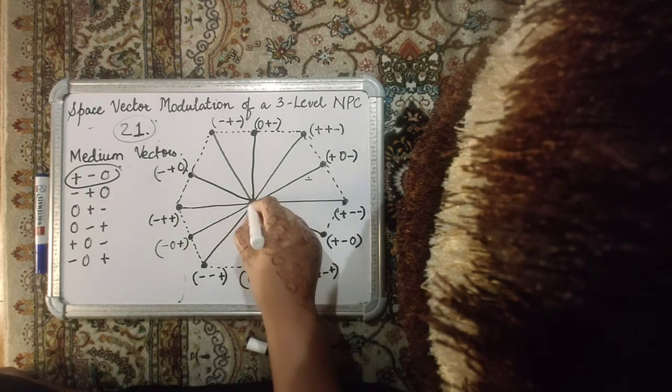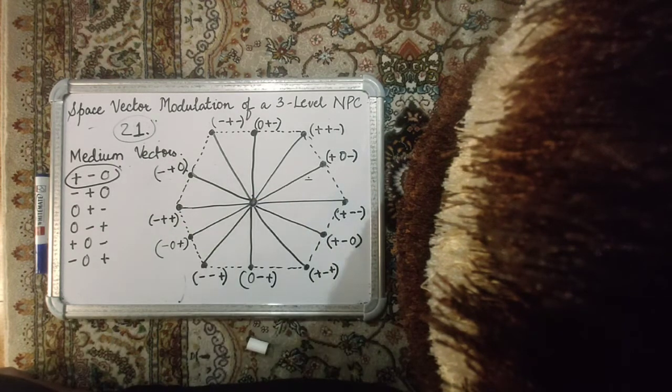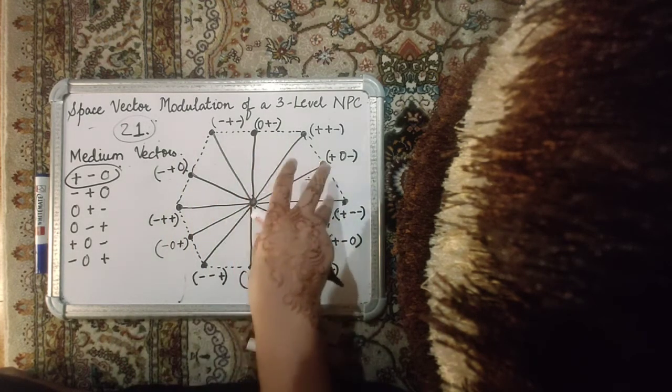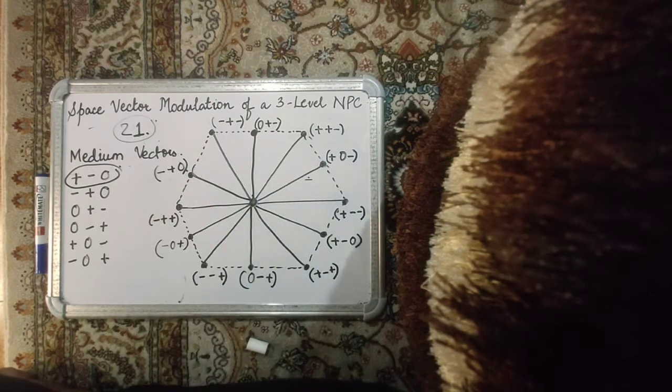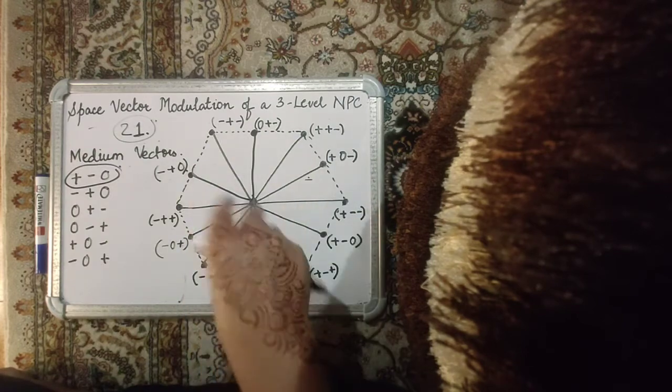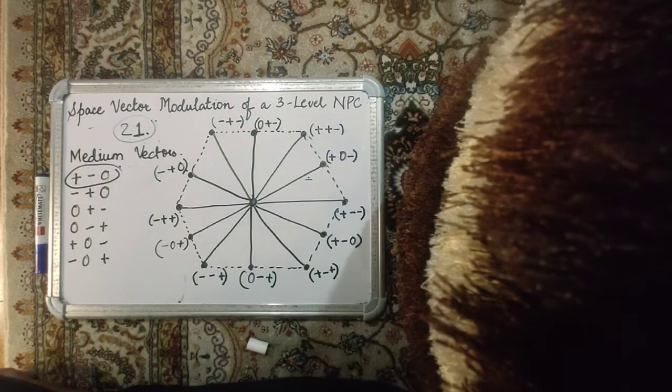Now even seeing this, you can understand that instead of having just 6 points of the hexagon, by now we have 6 plus 6, that is a total of 12 points. Actually there will be 21, but on the hexagon till now we have found 12 points.